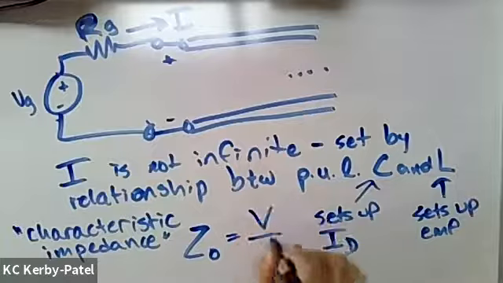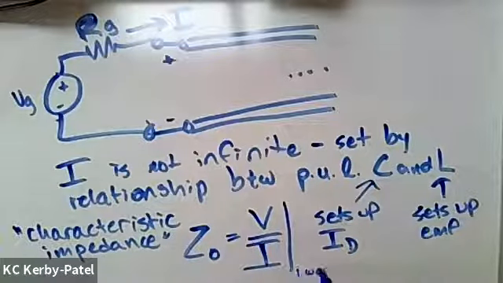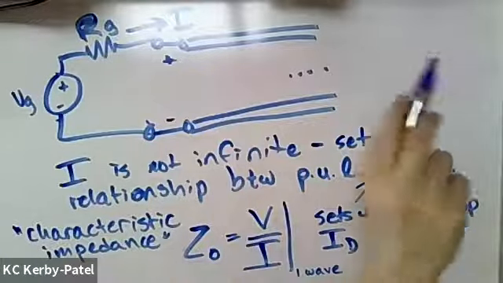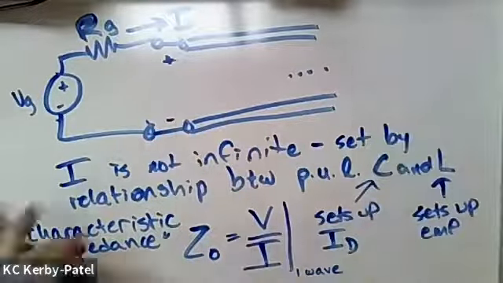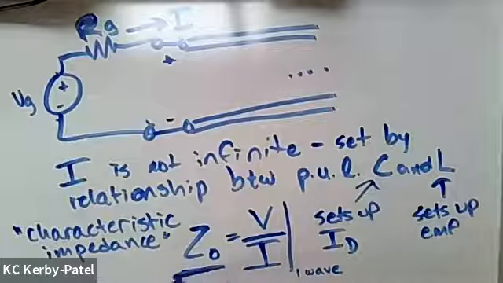And it is just the voltage divided by current for one wave going in one direction. Transmission lines can support waves going in two different directions, but voltage divided by current going in one direction are always related by this constant Z naught.